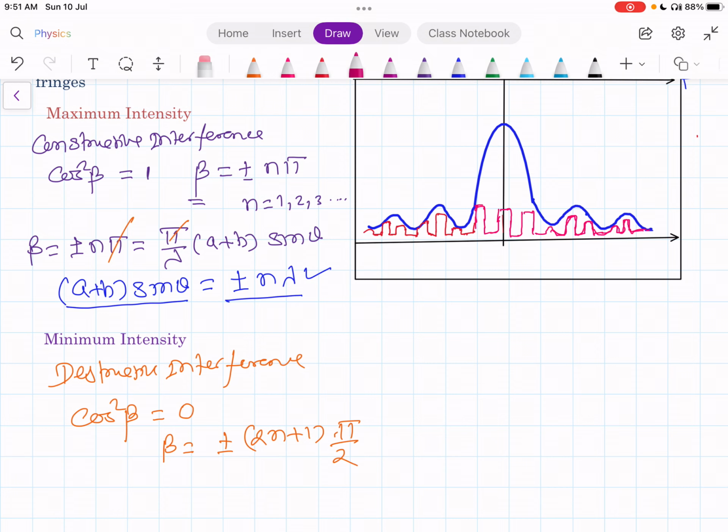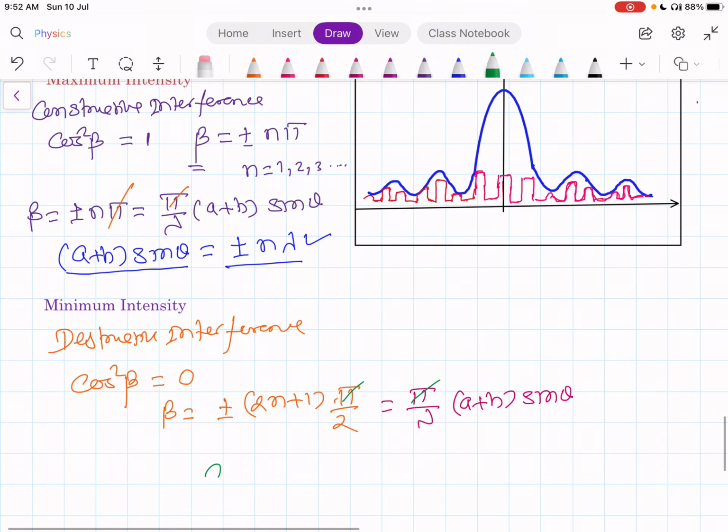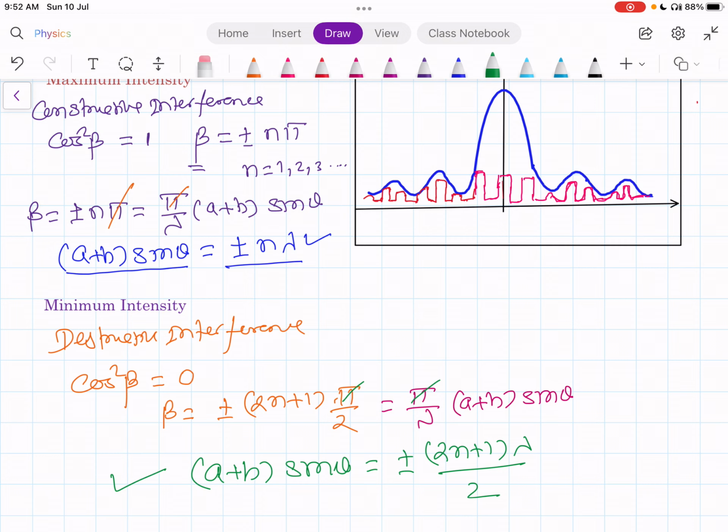But as you know, beta is pi by lambda a plus b sine theta. So this pi cancels with this pi, and you get a plus b sine theta is equal to plus minus 2n plus 1 lambda by 2. So this is the condition for destructive interference, or you can say for the minimum intensity.